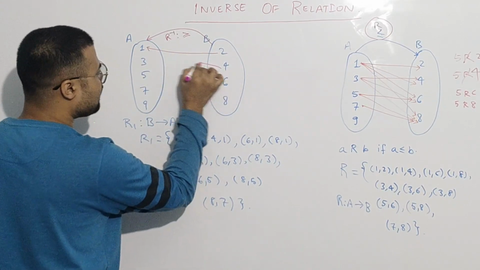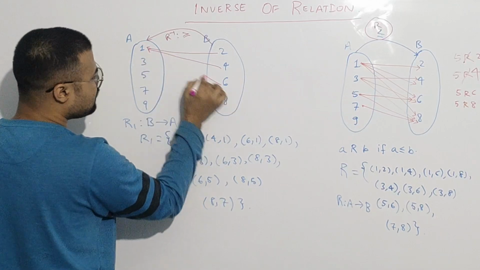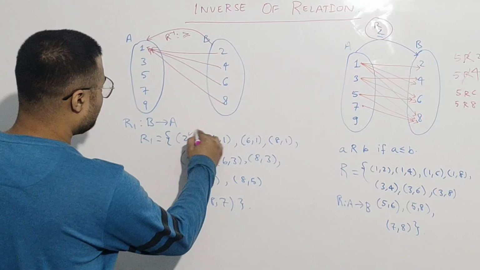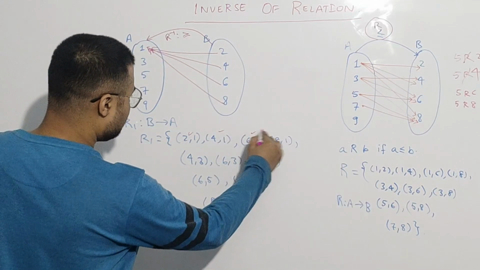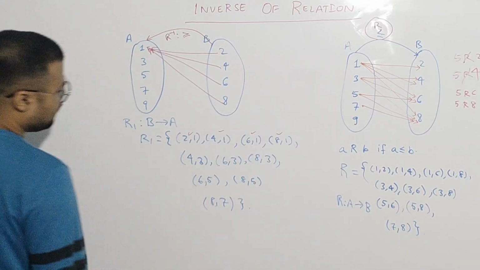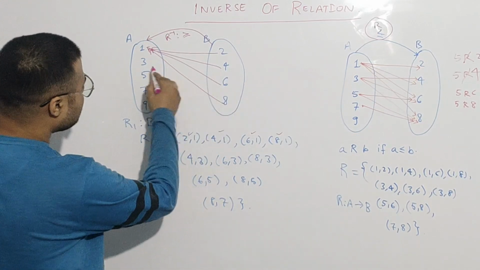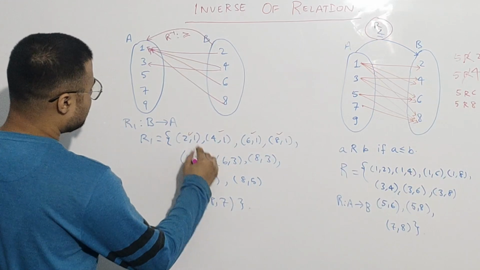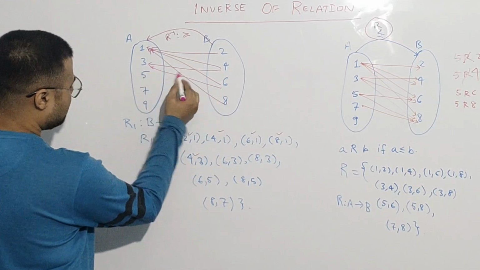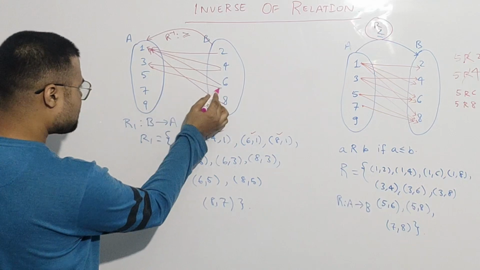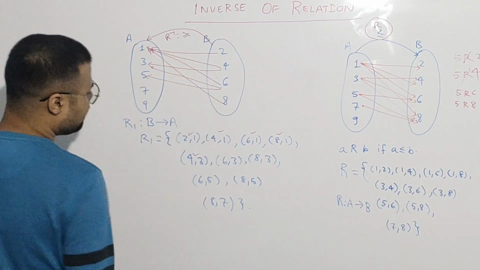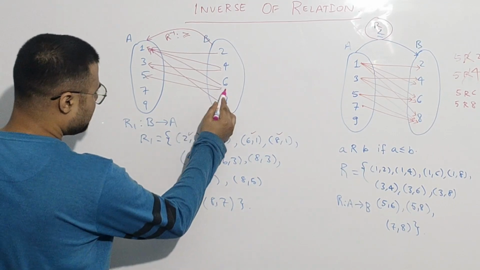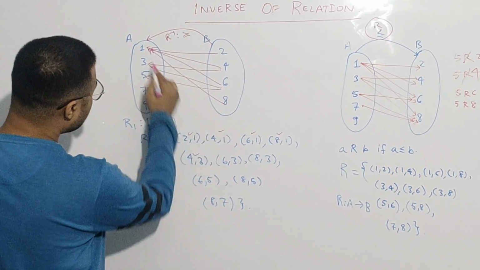So 2 1, 4 1, 6 1, 8 1, and then 4 and 3 are related because 4 is greater than 3. 4 3, 6 3, and 6 5 will also be related because 6 is greater than or equal to 5, and then 8 is greater than all of it.